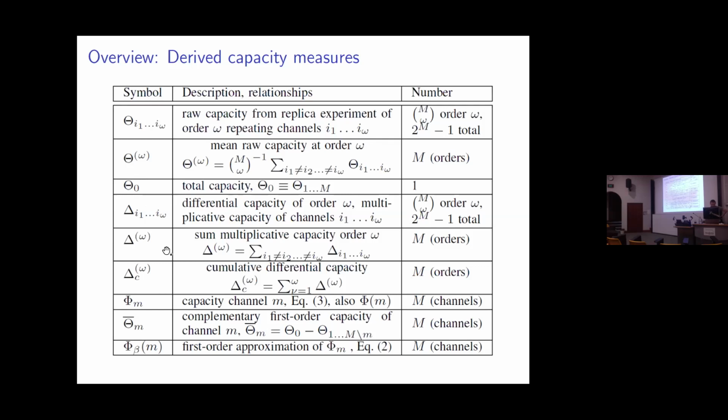Then here are the deltas, which are, so to say, calculating the different levels of the hierarchy. And there are also other measures. Once you have the deltas, you can rearrange them and calculate how much capacity there is for each individual channel. And this is going to be this capacity phi for the channel M.